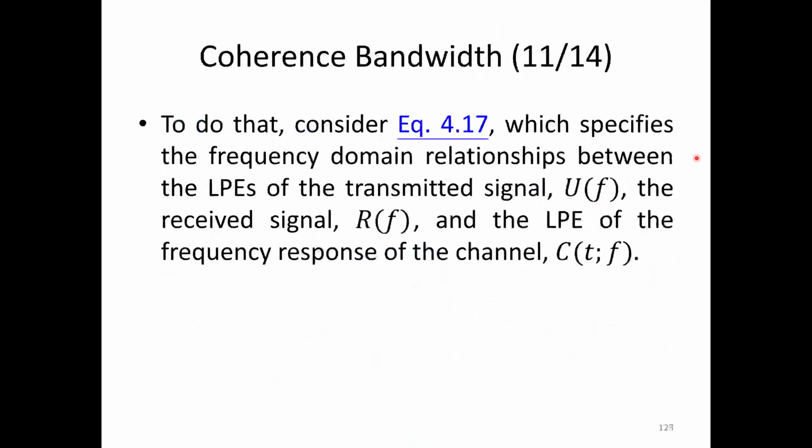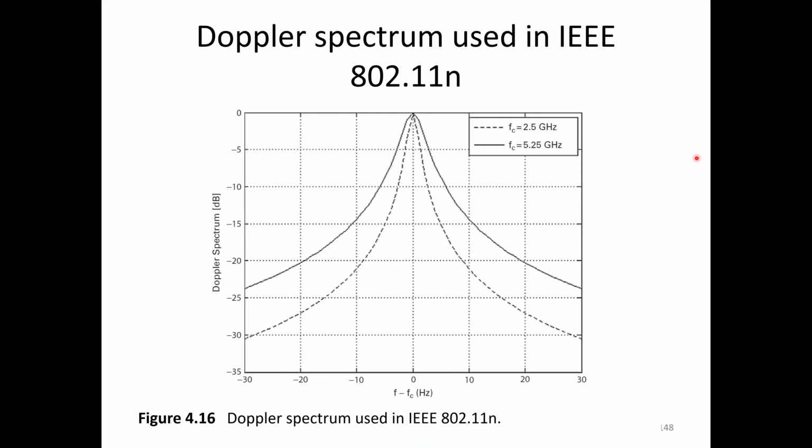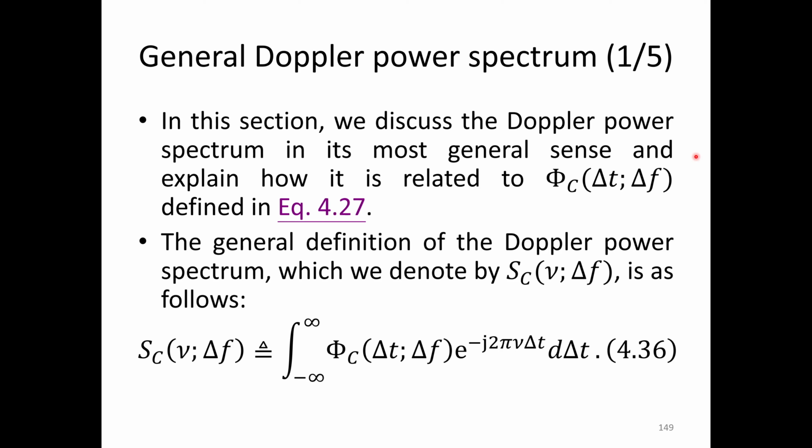Let us go back to page 149. The general definition of the Doppler power spectrum, which we denote by Sc of nu, delta f, is as follows. Sc of nu, delta f is defined as the integral from negative infinity to infinity of capital phi c of delta t, delta f times exponential negative j2 pi nu delta t d delta t.